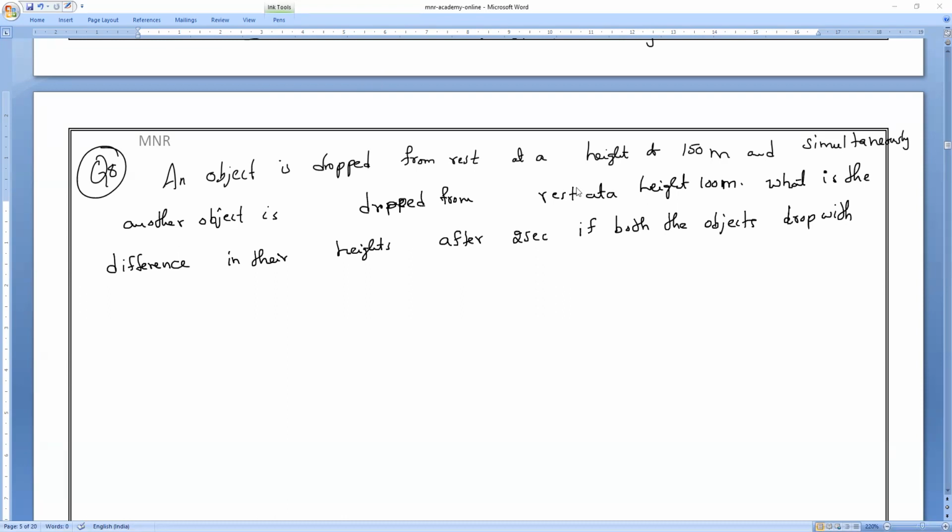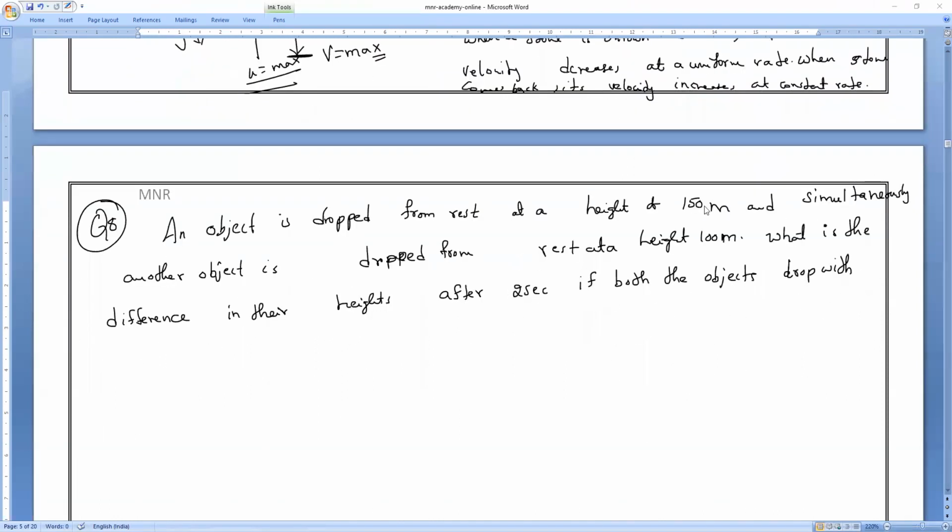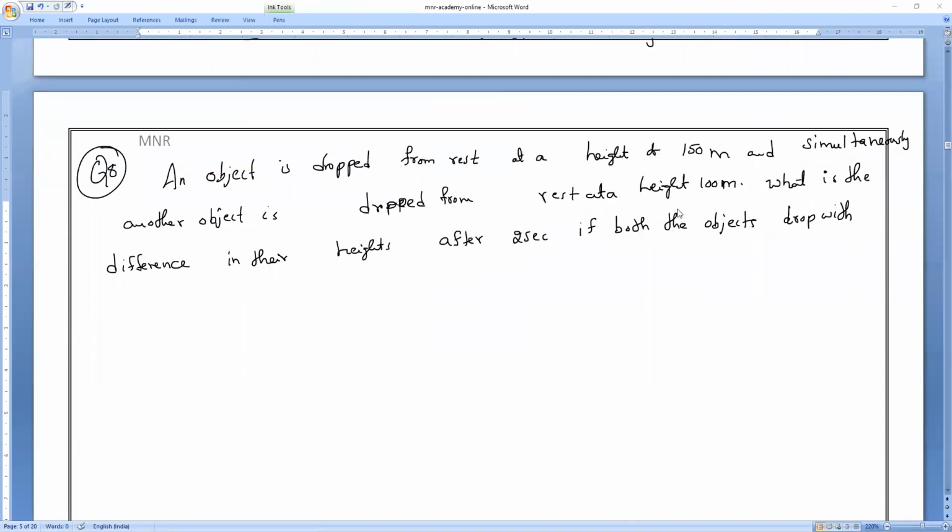Something always remains constant. Who is that? Acceleration. Okay, they drop with the same acceleration. So for both bodies, what is the acceleration? Does it remain constant or vary? Constant. How does the difference in heights vary with time? That is the question.